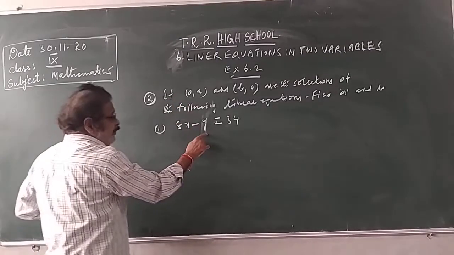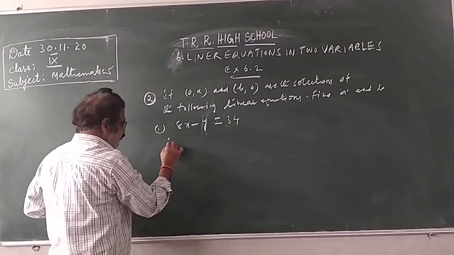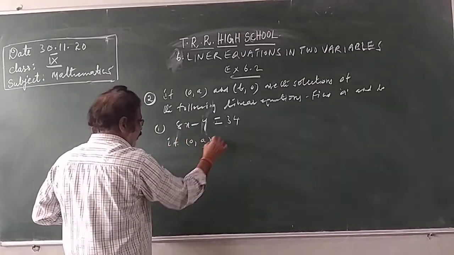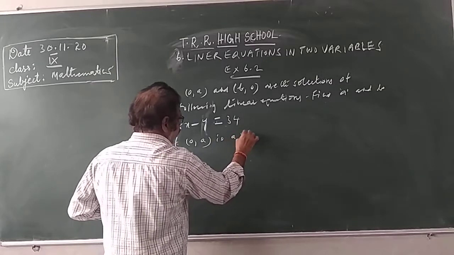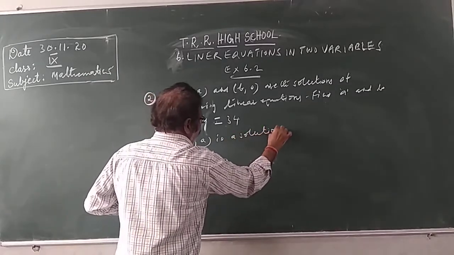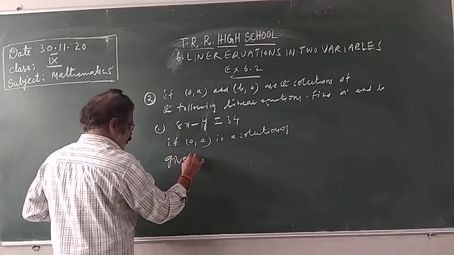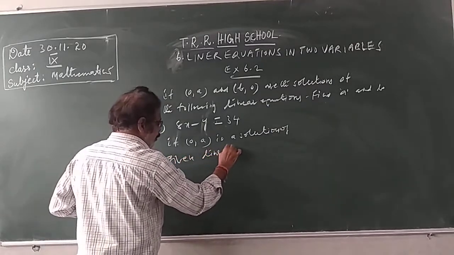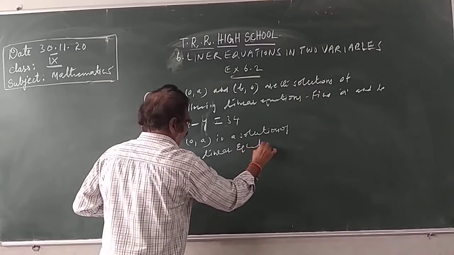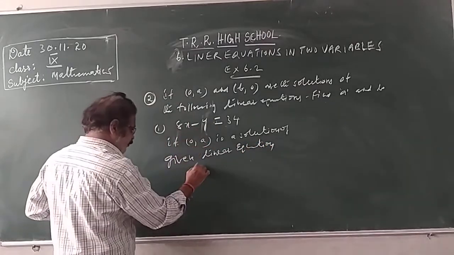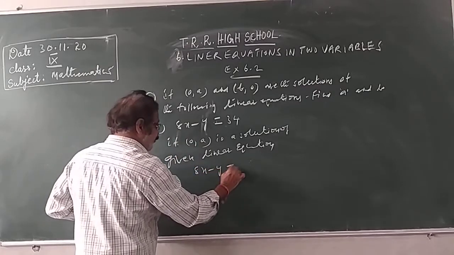This is the solution, this (0, a). If (0, a) is a solution of the given linear equation, what is the given linear equation? 8x minus y is equal to 34.